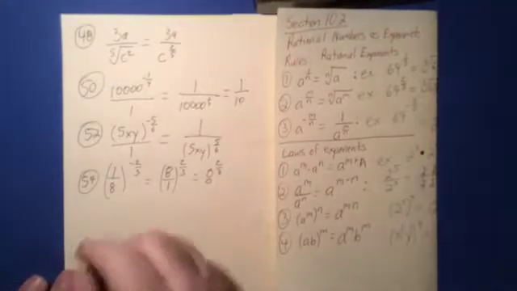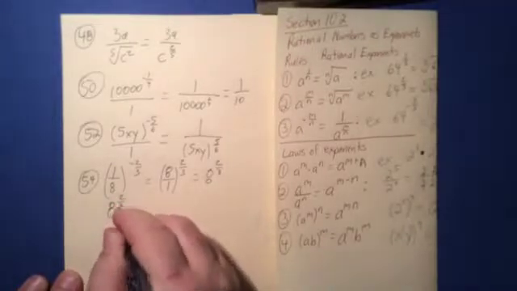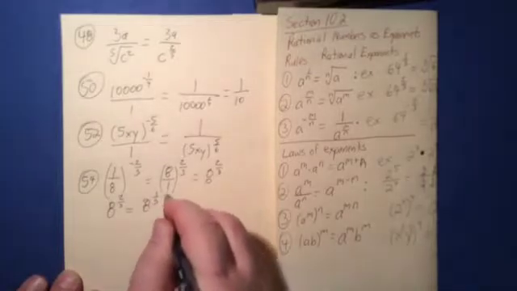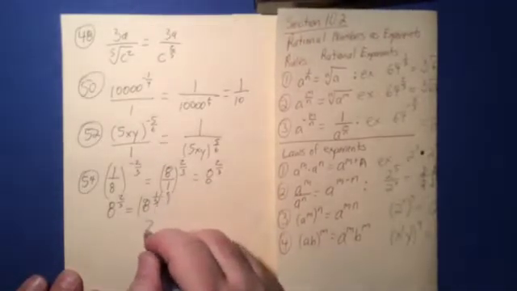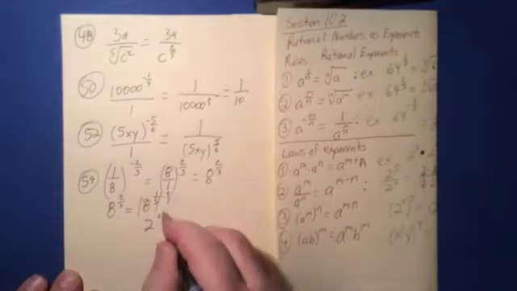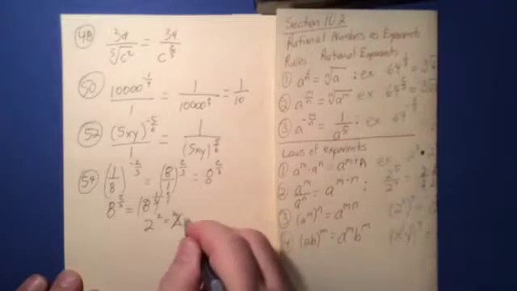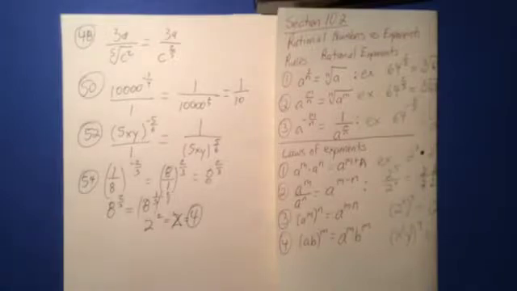If I have 8 to the 2 over 3, I can write this now as 8 to the 1/3 times 2 over 1. And 8 to the 1/3 is equal to 2. And if I write 2 squared, that's all going to equal 4. For question 54, that should be my final answer.